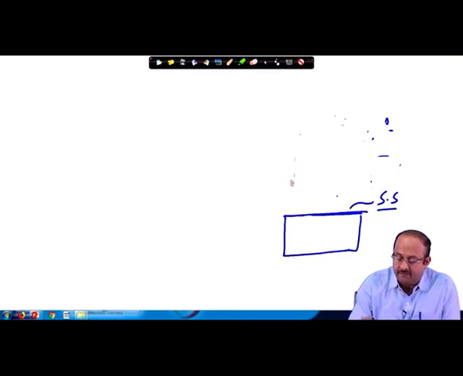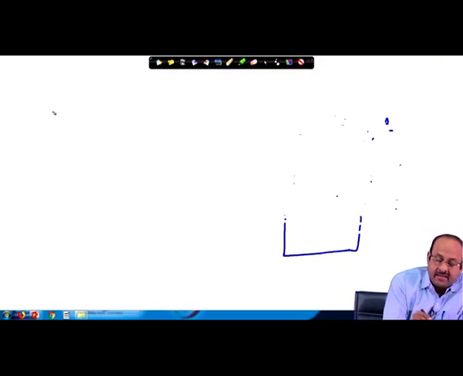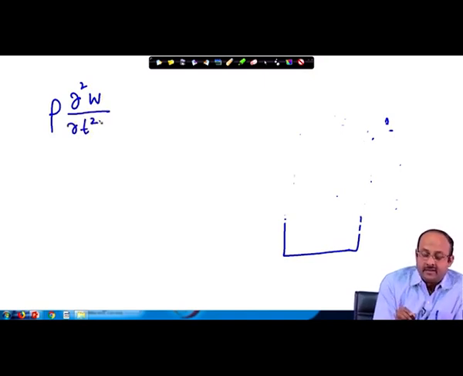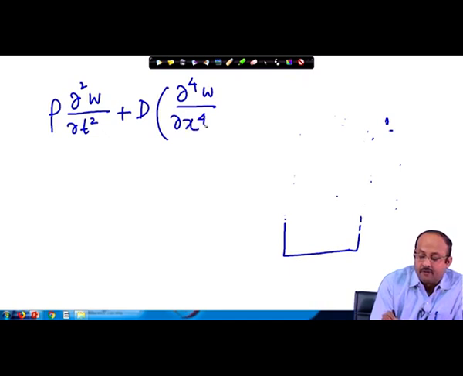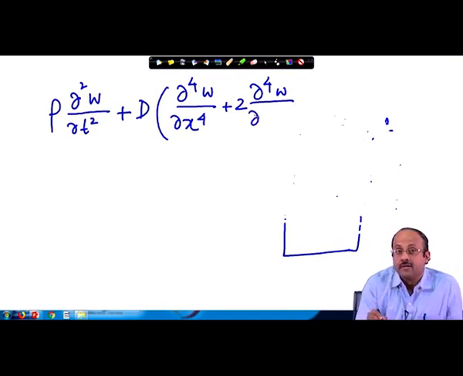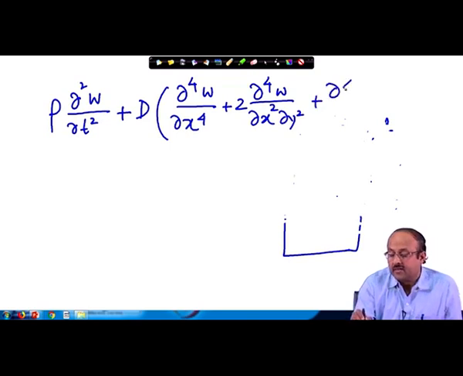Now, the governing differential equation is actually a partial differential equation, and it can be written this way: rho del 2 W del t square plus D times del 4 W del x 4 plus 2 del 4 W del x square del y square plus del 4 W del y 4.